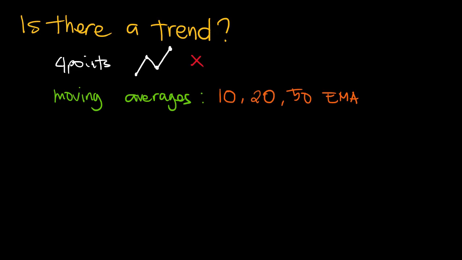Uptrends happen when the fast moving average aligns above the middle moving average, and the middle moving average is also above the slow moving average. In the Philippine trading community, this concept was made popular by ZFT, coined as AOTS or alignment of the stars.